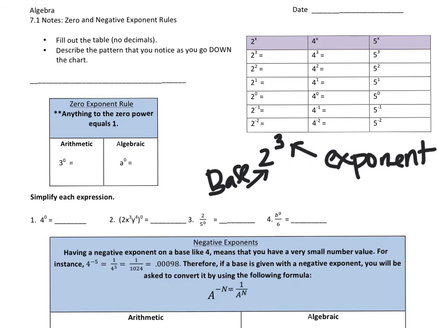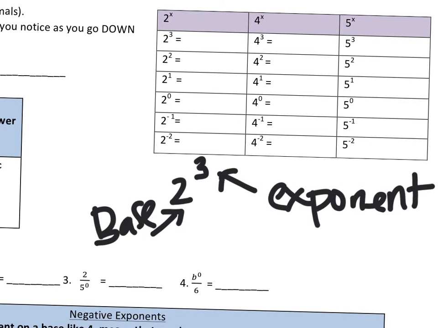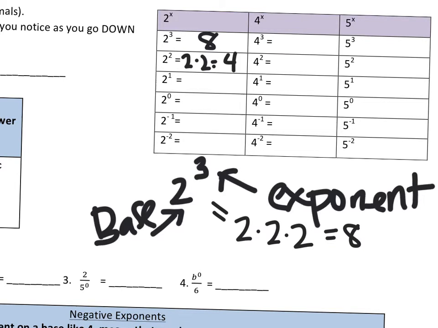Okay, it's having you fill in your chart. So 2 to the third power means that you're taking 2 times 2 times 2, which gives you a value of 8. So let's go ahead and fill that in on our chart. The same thing is true for the next one. 2 times 2 gives us 4. 2 to the first power is 1.